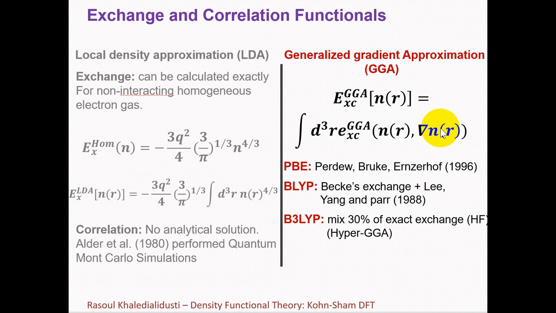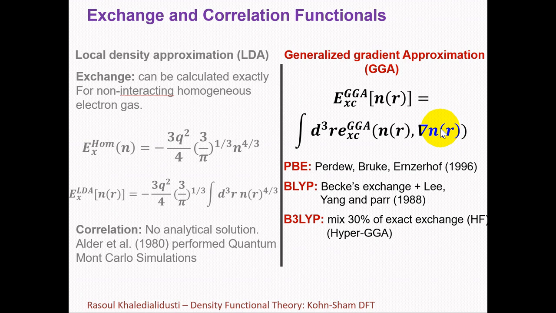So there are gradient corrections that account for variations of the densities, and these GGA functionals work a little bit better than LDA, especially for things like defects, where you would expect larger variations of electron density.